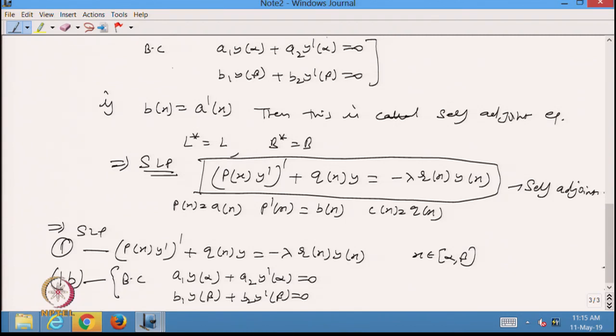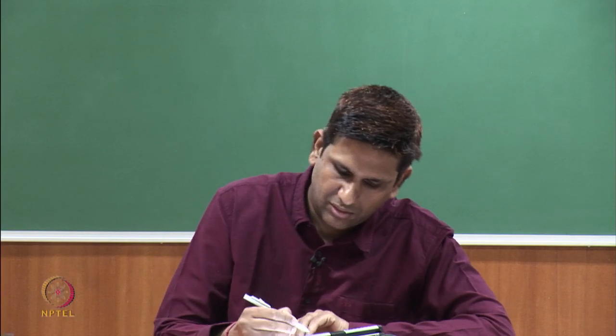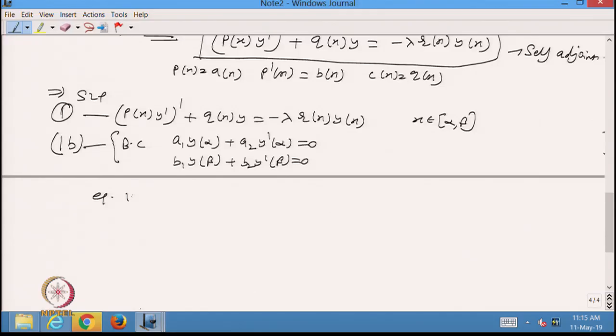Now, I want to solve this equation. So, if you see the equation number 1, y(x) = 0 is always a solution, because if I put y equal to 0, the derivative will be 0 and the right hand side is also 0.